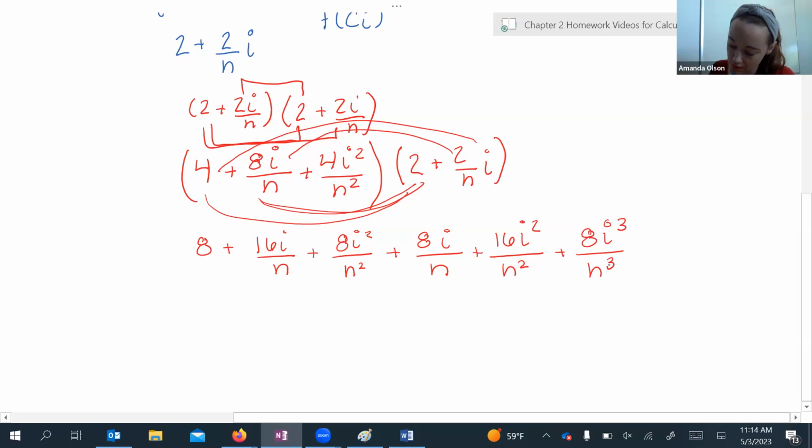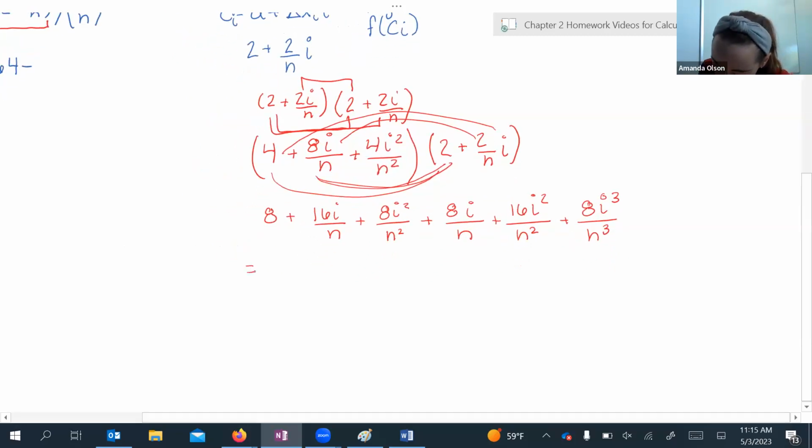Okay, so we should have 3 times 2, we should have 6. We do have 6 terms. And then we can simplify and combine like terms.